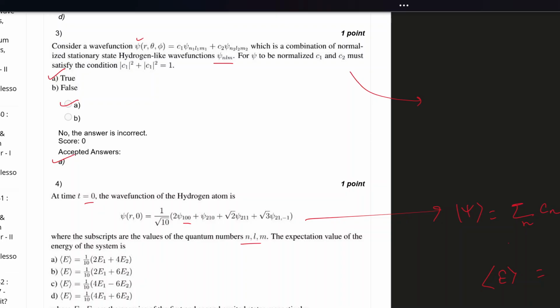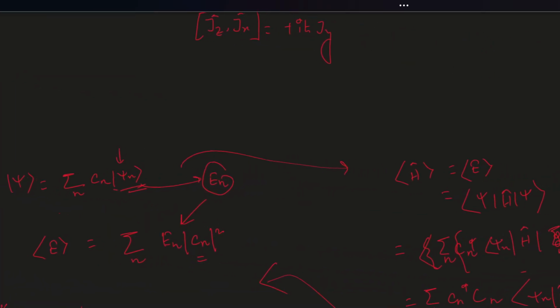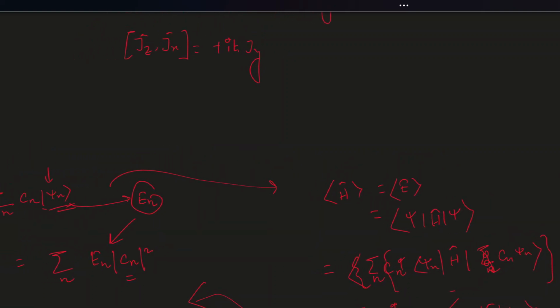So you do not need the information on l and m, because the energy eigenvalue depends only on the quantum number n. Let me give the solution here on the side instead of going down the page. The total energy expectation value is the sum over n of Cn whole mod square En.